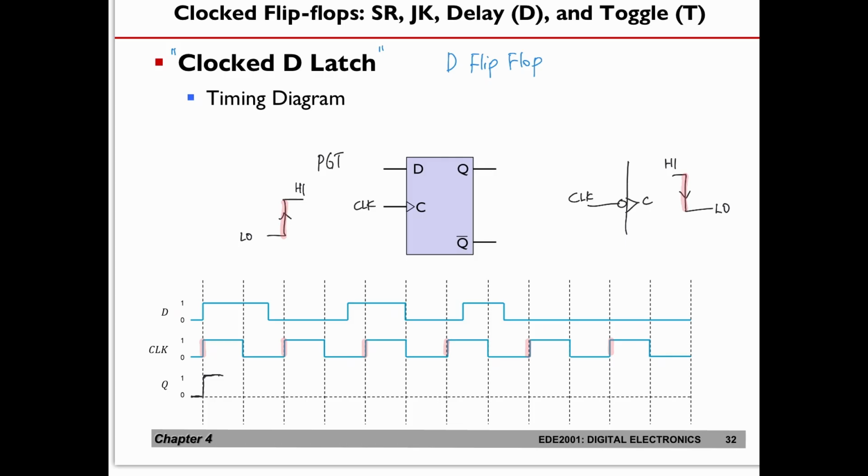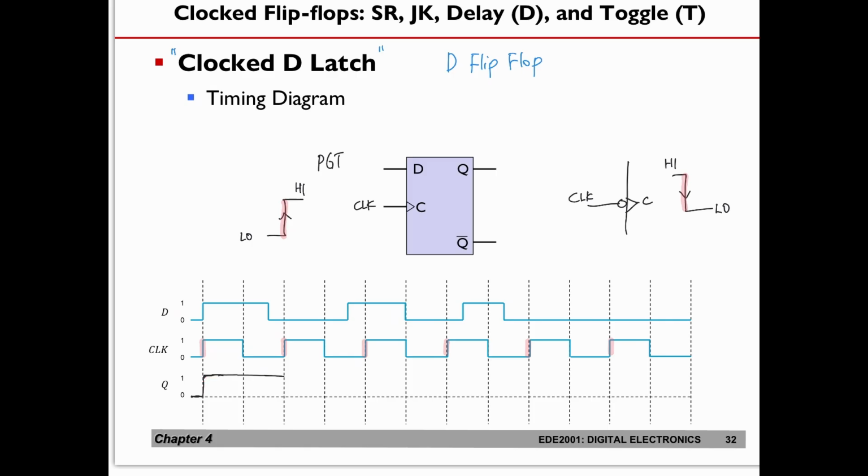It will only take action at the next positive going transition, or the next low to high transition. So nothing is going to happen to the Q until then. There will be only a transition at the very beginning.